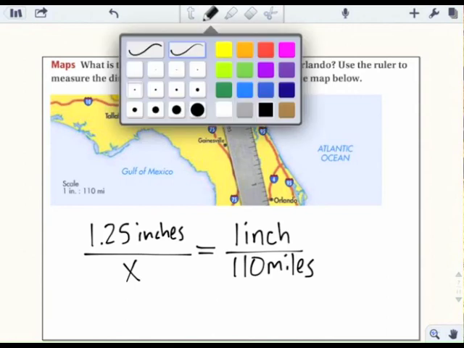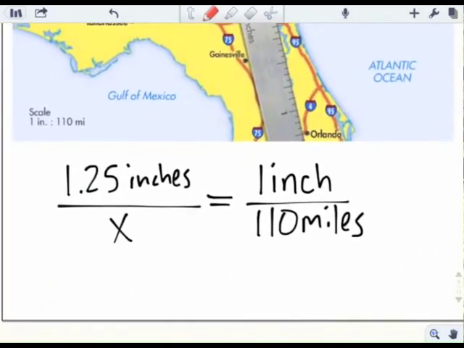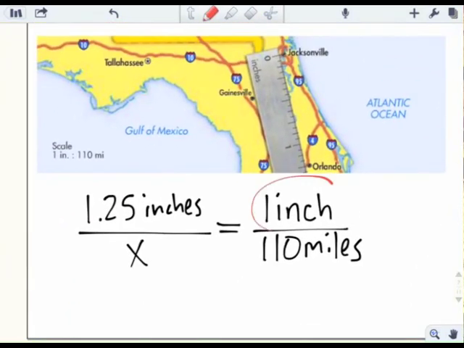Okay, so I just wrote that down, but look at it and see how it makes sense. 1 inch in the map world corresponds to 110 miles in the real world, and this ratio is going to be equal to the ratio of the distance we measured on the map to the real distance between Jacksonville and Orlando, which is what we want.